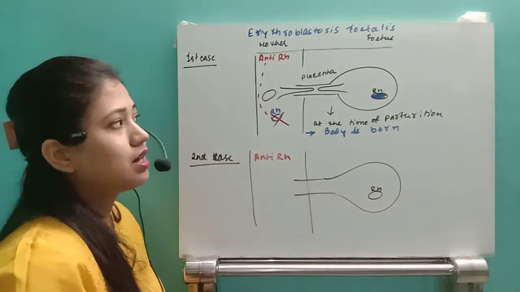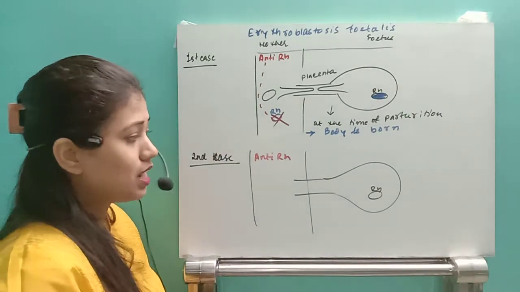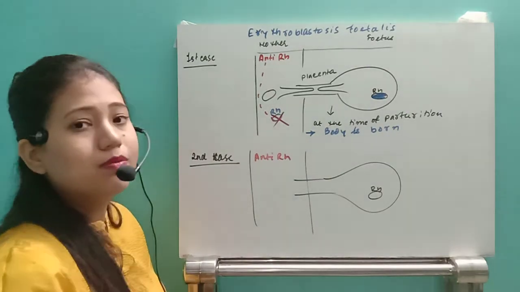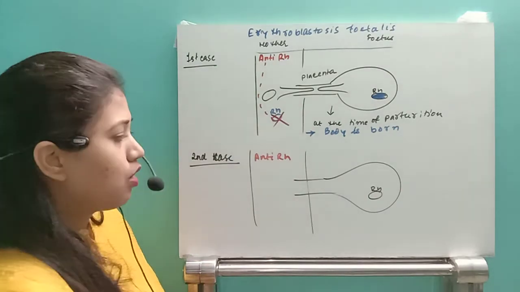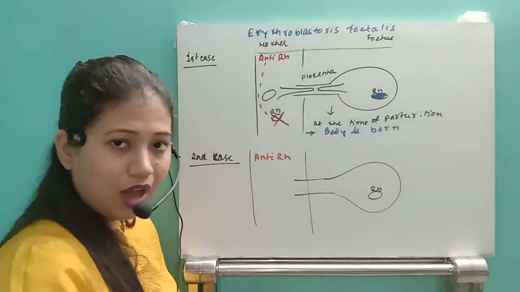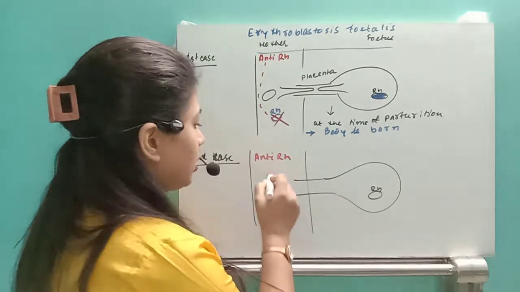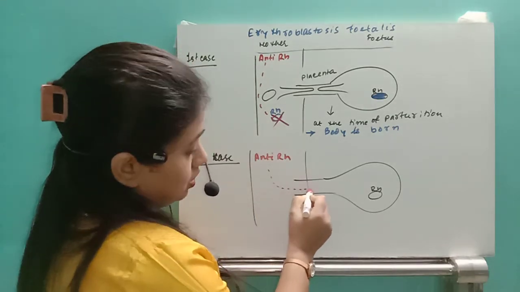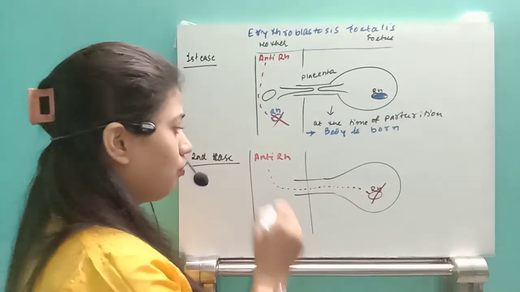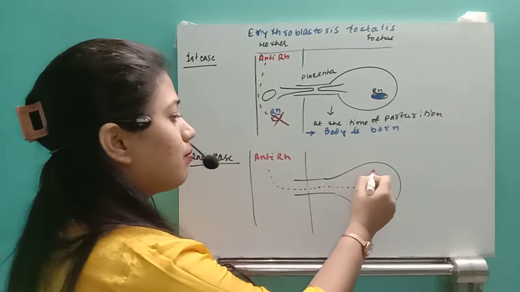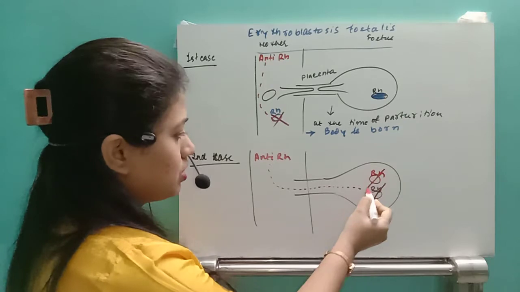Anti-Rh is present before the baby is born, before the baby attains much size. Whenever the baby forms Rh blood, this anti-Rh, which is transplacental, will kill that Rh. Whenever the baby develops the RBC with Rh, it will be killed.